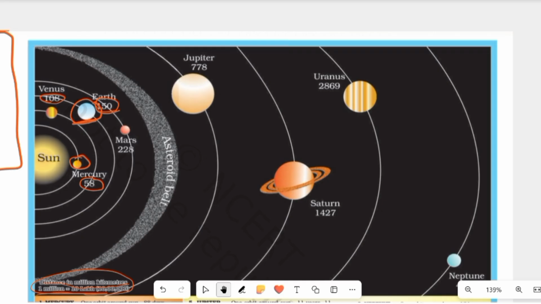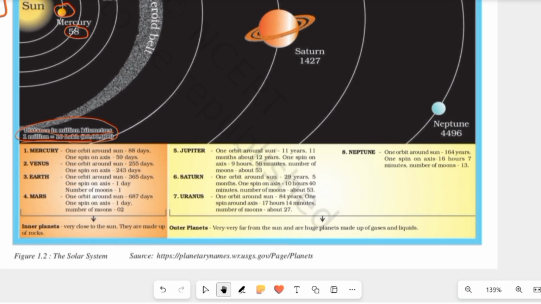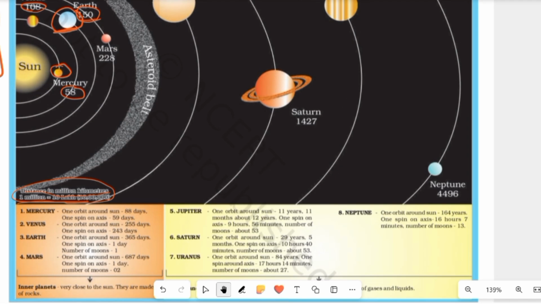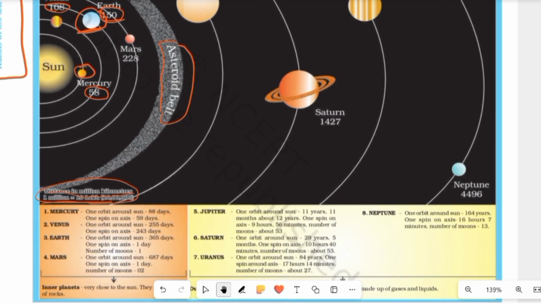There is also a mention of inner planets and outer planets. Inner planets and outer planets means there is a line between Mars and Jupiter. It is an asteroid belt. This is made up of some celestial bodies we already discussed, the meteoroids.